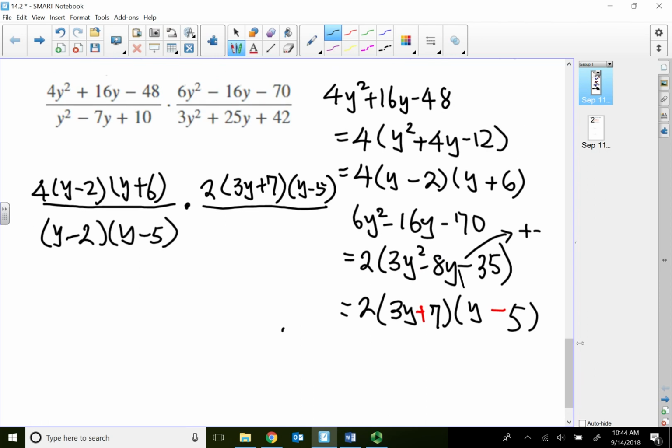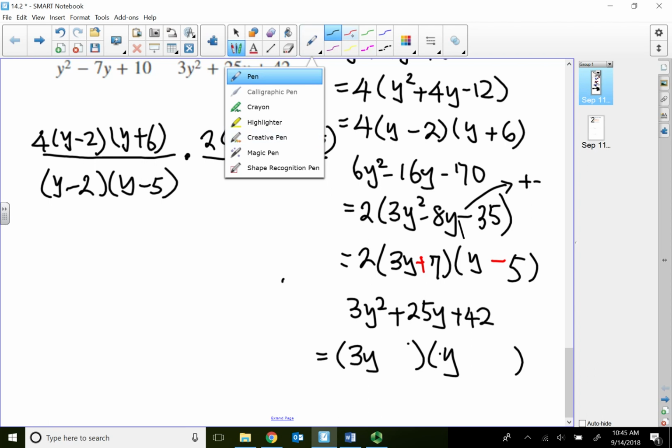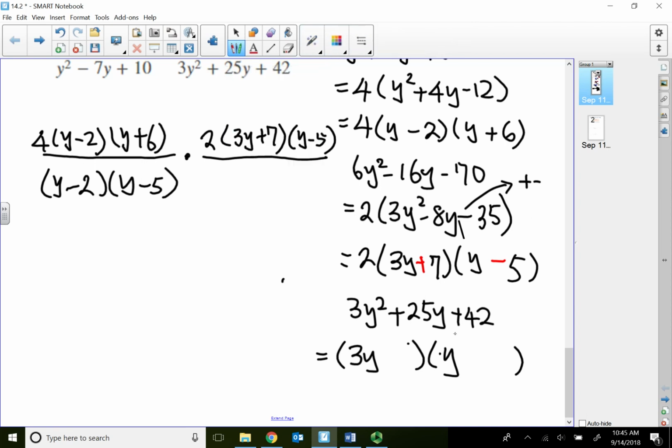All right, so let's do the 3y squared one. I don't think the 3y squared has a greatest common factor. So for 3y squared, I can use 3y and y. All right, what times what is 42? 6 times 7. But as you can recall, when we learned how to factor before, for 6 and 7, you don't want to put a 6 right here with a 3y because that can give you another greatest common factor that you don't have originally.